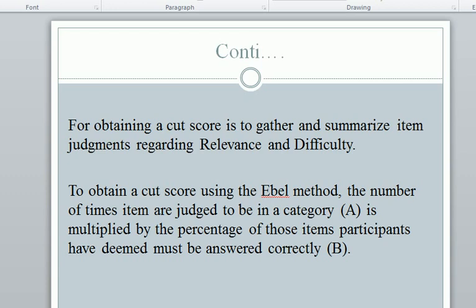For obtaining a cut score, we gather and summarize item judgments regarding relevance and difficulty.